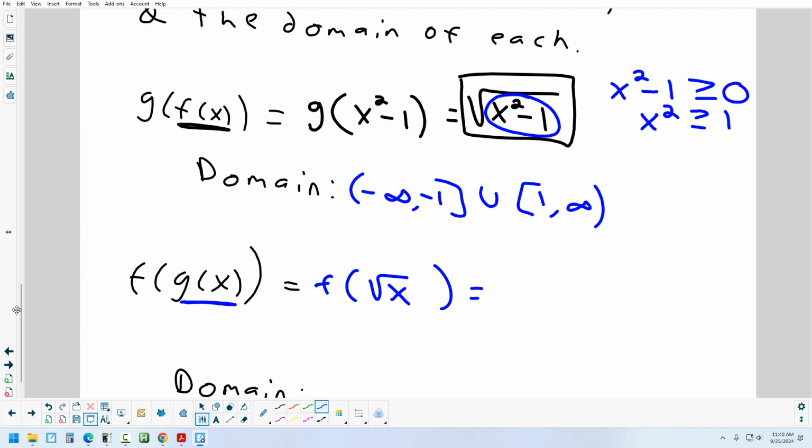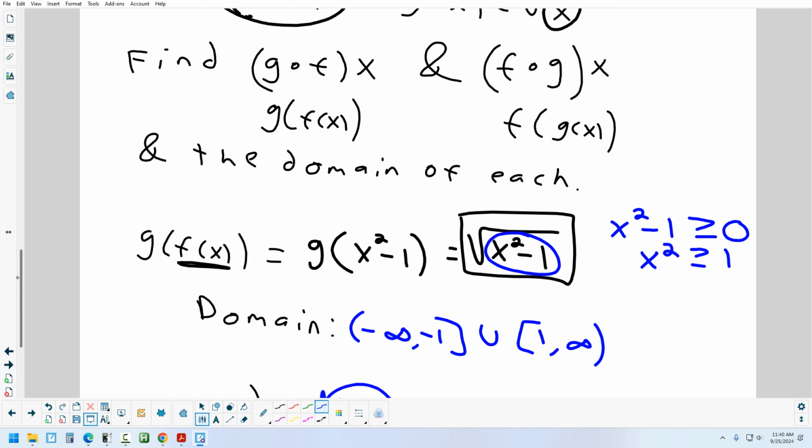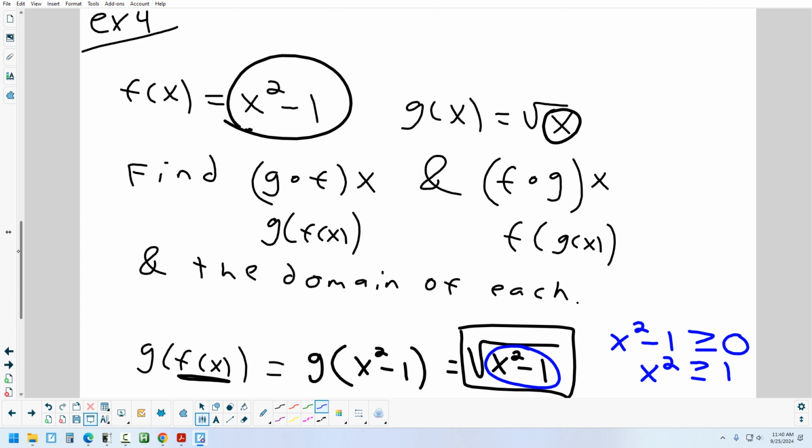My brain's freezing. That's okay. X squared minus 1. Oh, the square root of x. This is what you're plugging in to formula f. So you're plugging in the square root of x everywhere you see a letter in formula f.